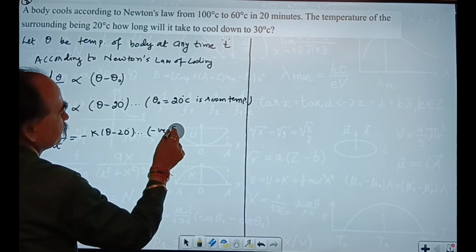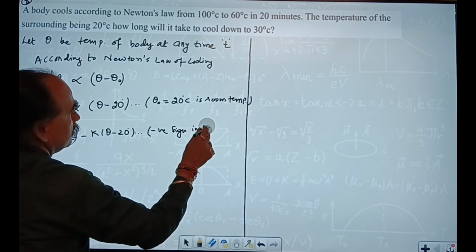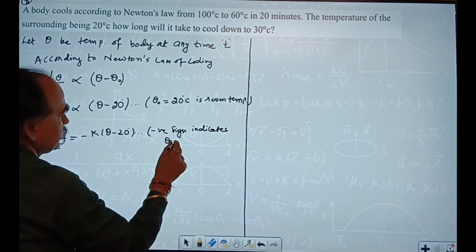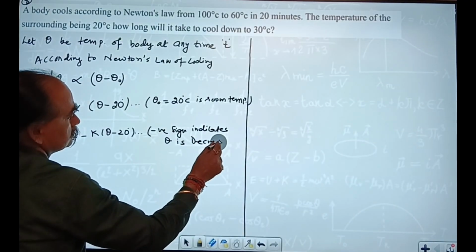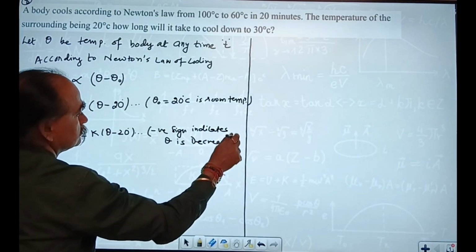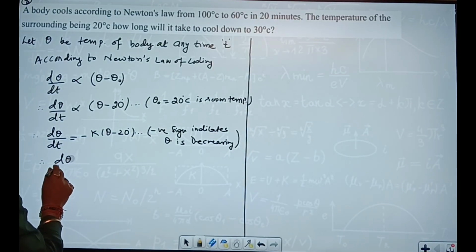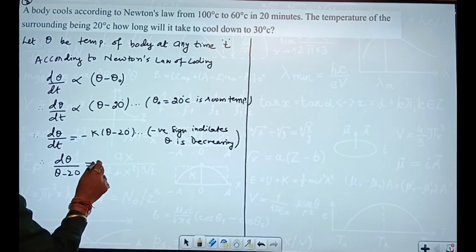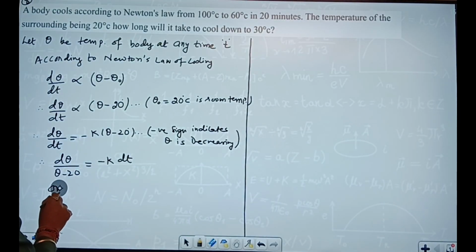Negative sign indicates theta is decreasing. So d theta upon theta minus 20 is equal to minus k dt.